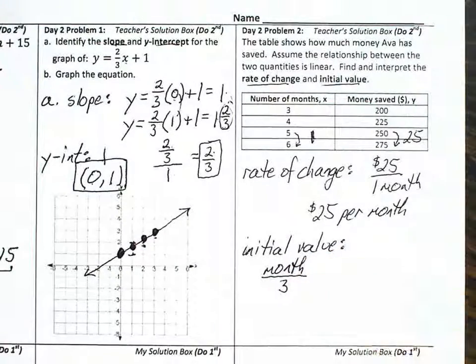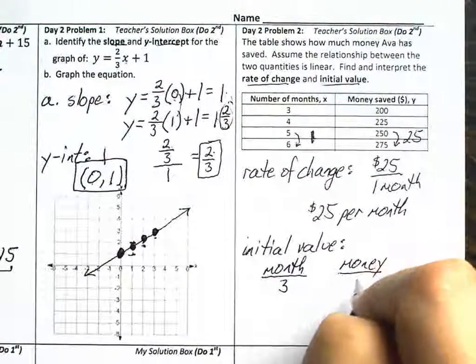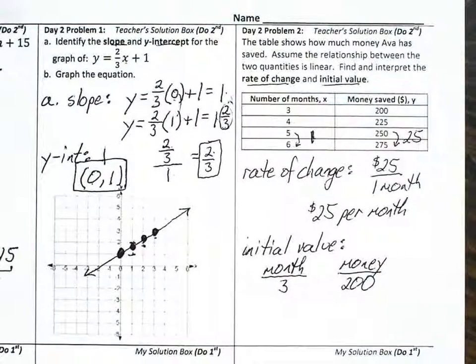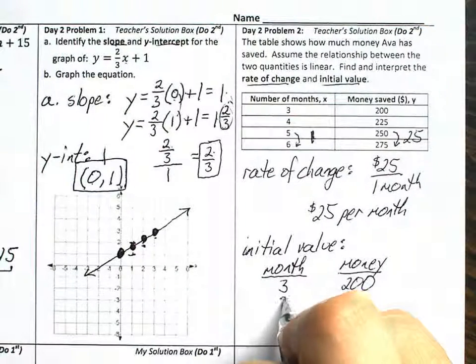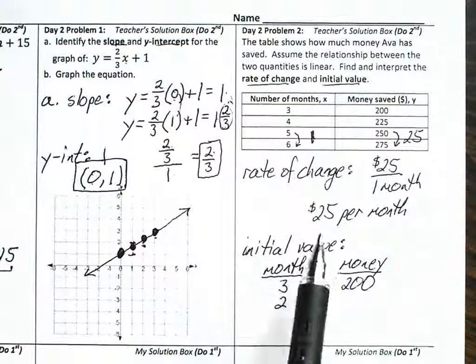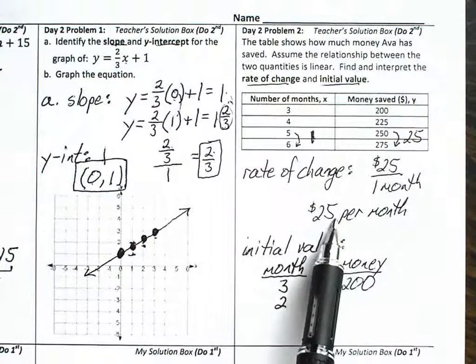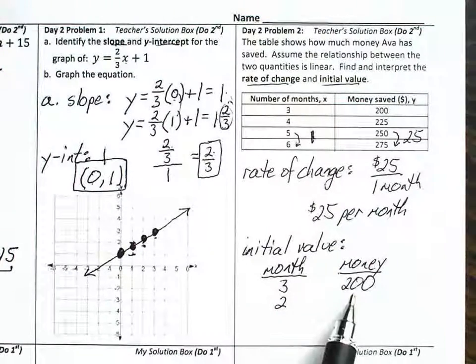Okay? So here's what we know already from the first row of the table. In the 3rd month of saving, she has $200. We can work backwards from there. Let's figure out what she had after only 2 months of saving. Okay? The key to this is the rate of change. She's increasing her money by $25 per month. So what did she have before?